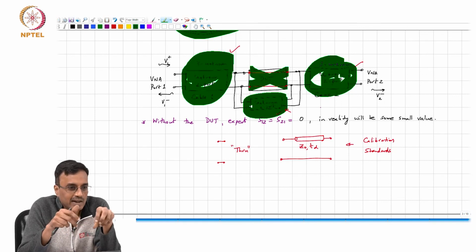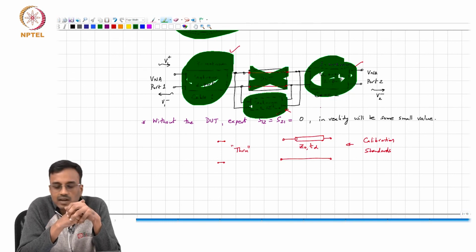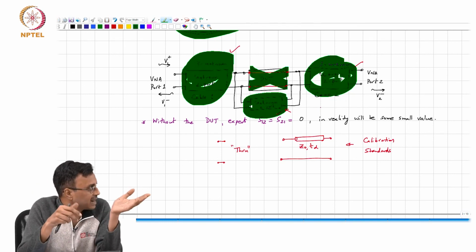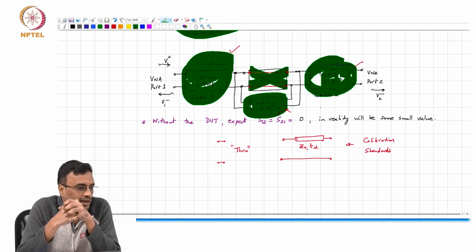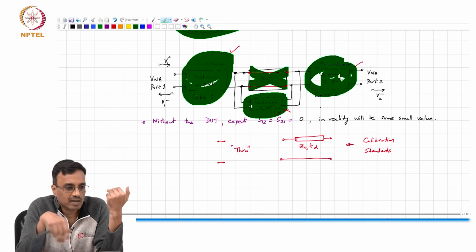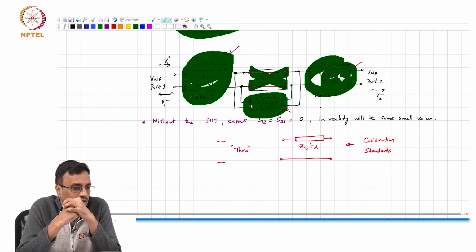Some people would not tighten it all the way, some people would over tighten it, and all sorts of errors occur, and then the calibration standards get spoiled. So now there's an electronic box which has switches inside and is computer controlled to change all that for you, right?